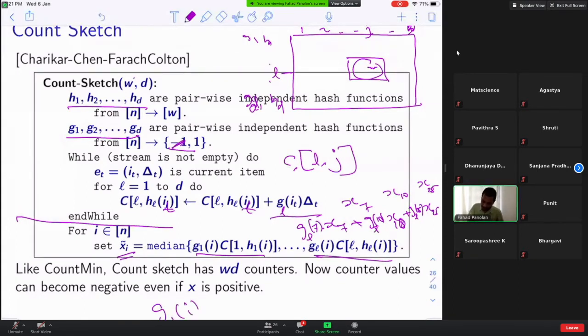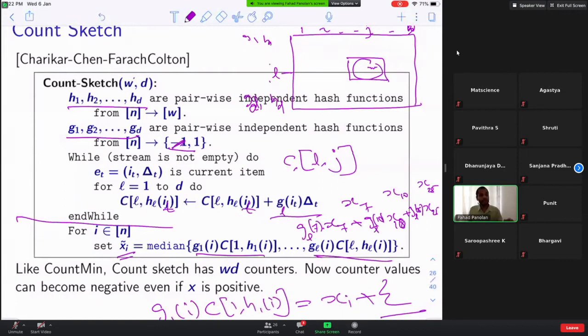If you look at the quantity g_1 of i times C_1 of h_1 of i, this will be x_i plus something. And that something could be negative, but it will be x_i plus.